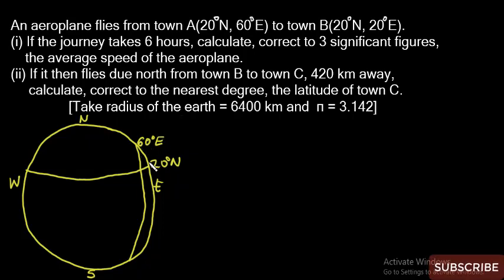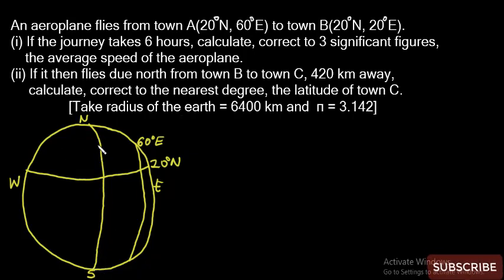All right, so the location of the next town we're told is 20 degrees north, which is the same as the previous latitude. Then 20 degrees east, that will be close to the equator, just 20 degrees away from the Greenwich meridian.